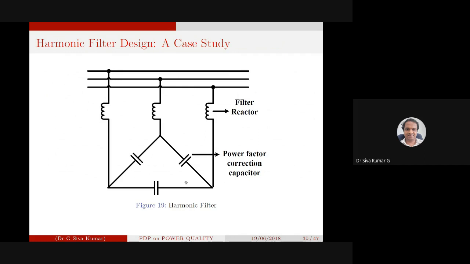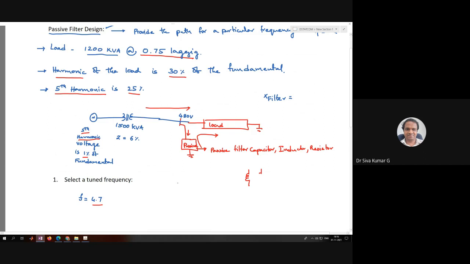The ultimate aim in designing the passive filter in the distribution system, in considering power quality improvement, is to use that filter to improve the power factor as well as to provide a path for the harmonic current. Okay, yeah.